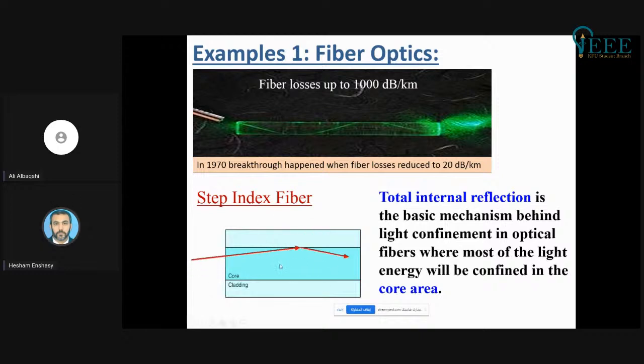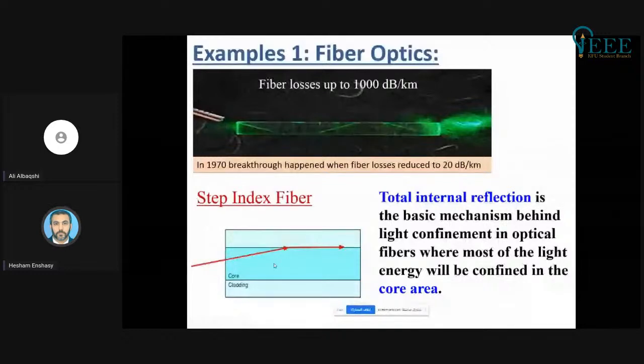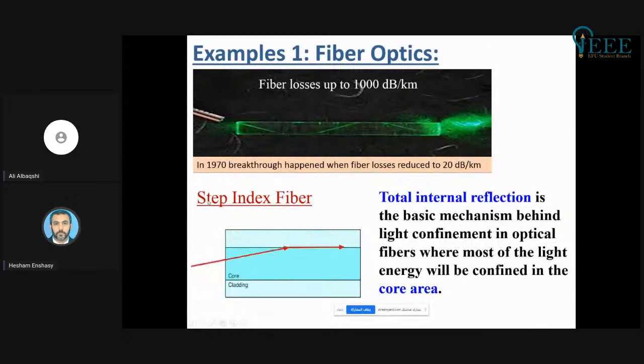Now, the difference between the core area and the cladding area is basically in refractive index, and the difference is very small. So, for example, if the core refractive index is 1.5, then the refractive index of the cladding will be, for example, 1.497 or so. And this small difference between the two makes the step index fiber make the losses go very small compared to the previous type of fiber.